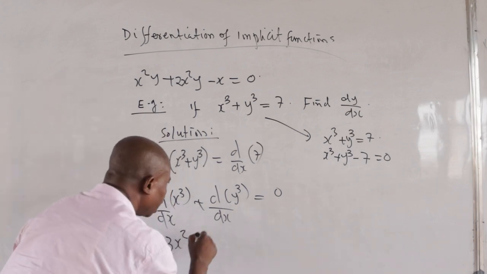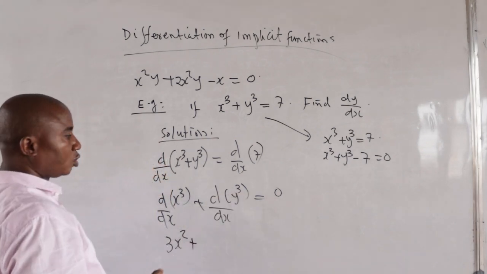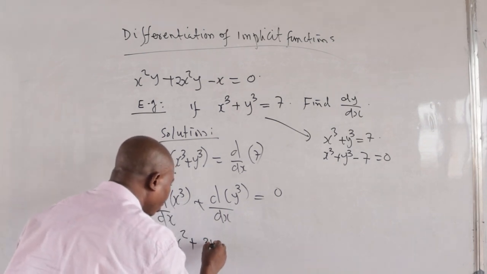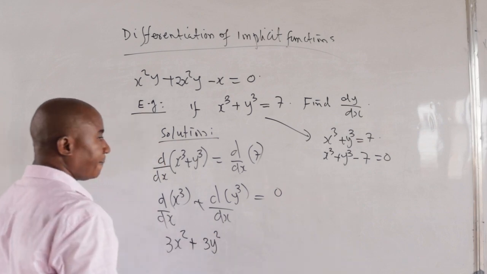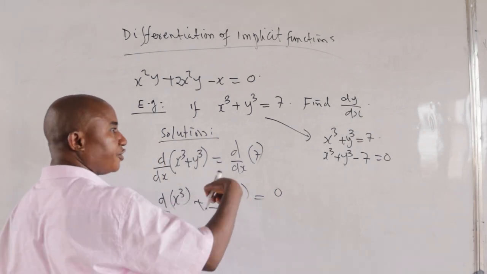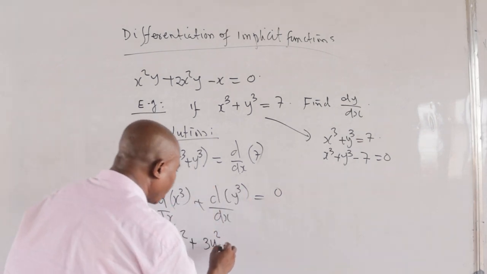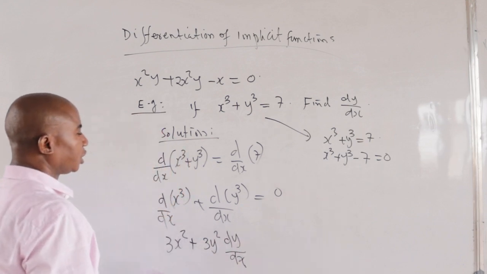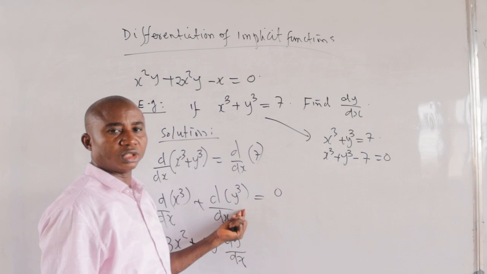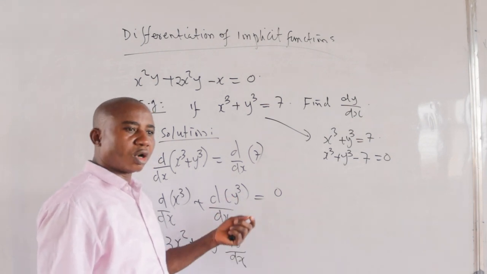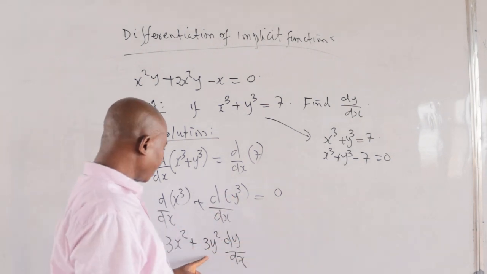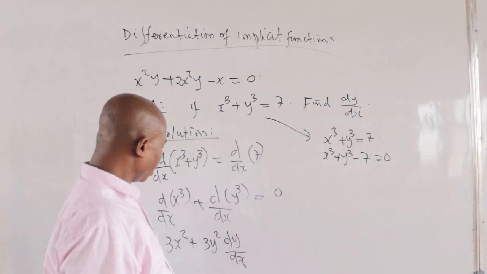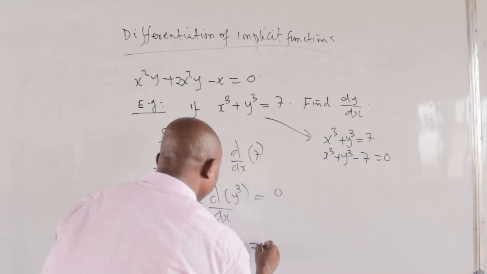Then plus, here, if you differentiate y to the 3 with respect to x, you get 3y raised to power 2. However, y is also a function of x, and so we have to differentiate y with respect to x. So here we are actually applying the chain rule, because y is a function of a function of x. And so we have 3y squared, then dy by dx. Okay, this is nothing but 0.